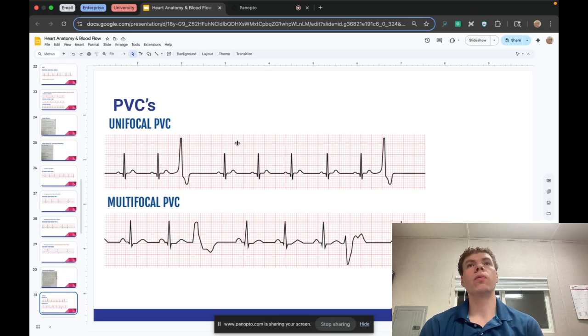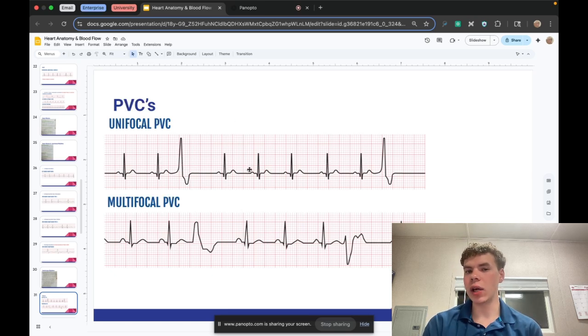So when I was doing a clinical one time, I had a patient that was having bigeminy, so they were having frequent PVCs, right? You want to feel their radial pulse because the monitor might say that their heartbeat is 60 beats per minute. If they're in bigeminy and every other beat is a PVC, the monitor will say 60 because it's counting that PVC as a beat.